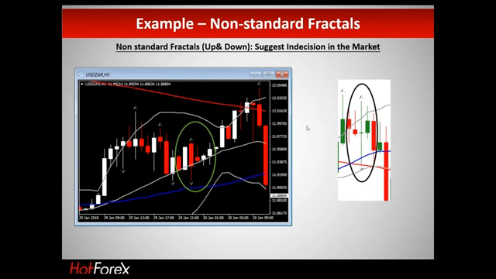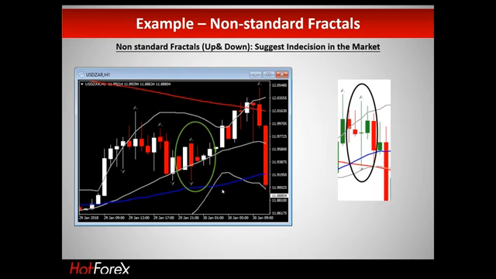while you're trading. So you might sometimes face a candle that has both an up and a down fractal. That is not the standard fractal. It doesn't give you any indication at all. The only indication that it gives you is that the market is in decision whether it will go upwards or downwards. So that's not a good signal. You must not use it for your trading.